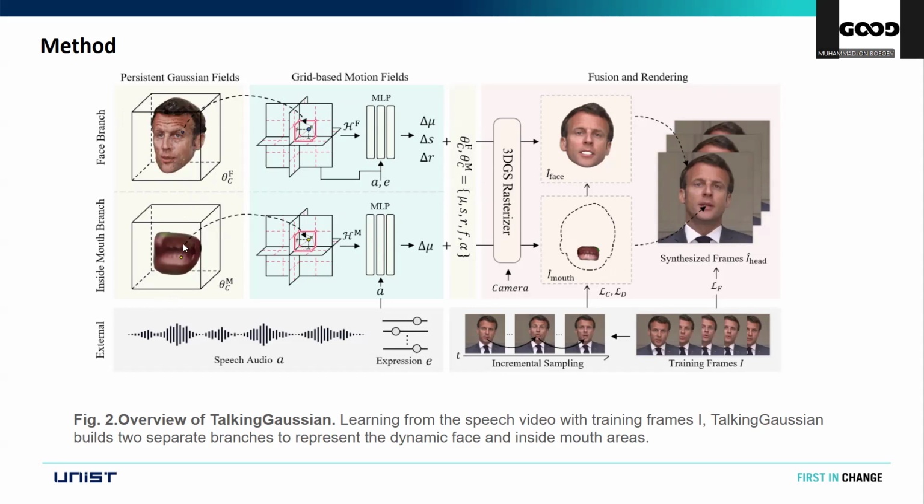What are the changes we need to do on the inside-mouth branch? Given this decoupled approach, they actually have better reconstruction or synthesis quality. So here they give audio features to both MLPs, and they try to predict what kind of change we need to apply on the persistent Gaussian field in order to reconstruct the face.